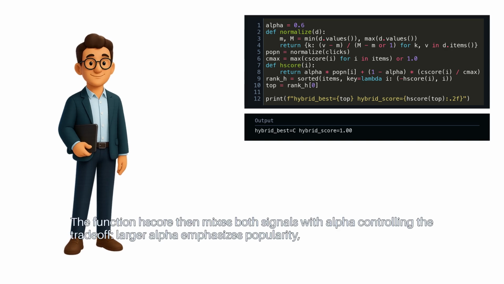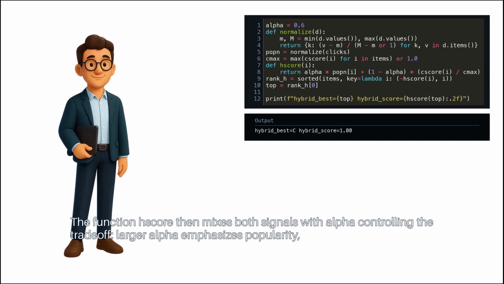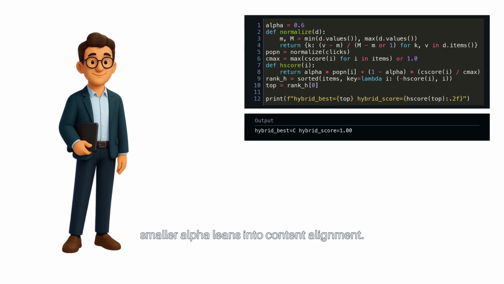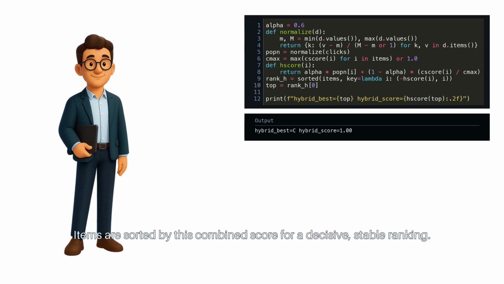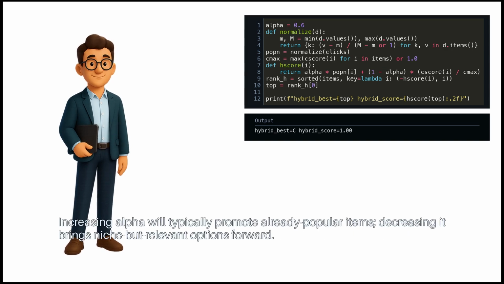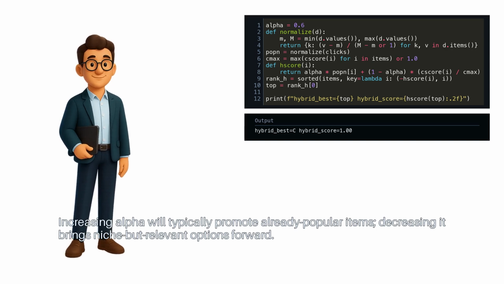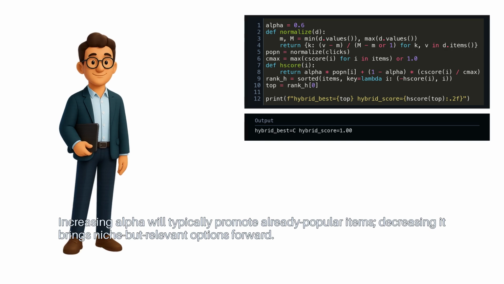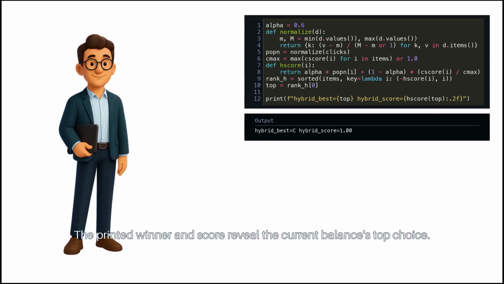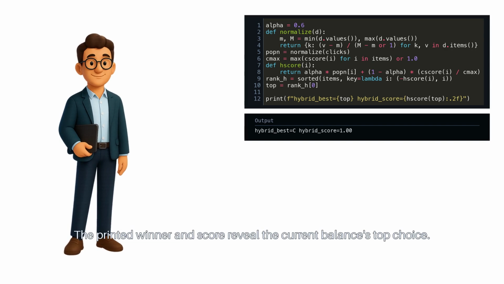The function hscore then mixes both signals with alpha, controlling the trade-off. Larger alpha emphasizes popularity. Smaller alpha leans into content alignment. Items are sorted by this combined score for a decisive, stable ranking. Increasing alpha will typically promote already popular items. Decreasing it brings niche but relevant options forward. The printed winner and score reveal the current balance's top choice.